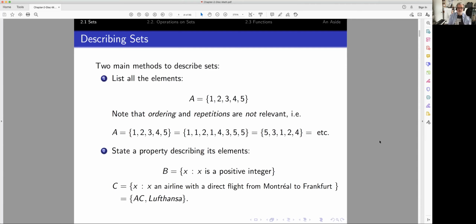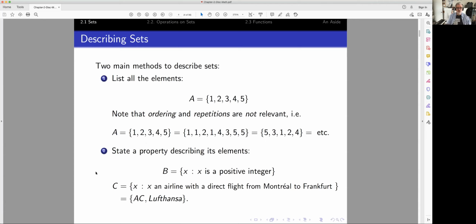If I repeat the same element several times, it makes no difference whatsoever, and the order in which I write the elements makes no difference either. On the next line, the set consisting of the elements 1, 2, 3, 4, 5, I've written several times the same elements, and here in a different order. It makes no difference. It's the same set because they have exactly the same elements.